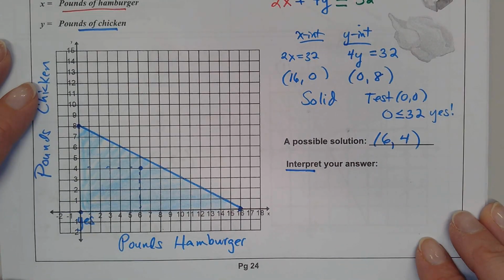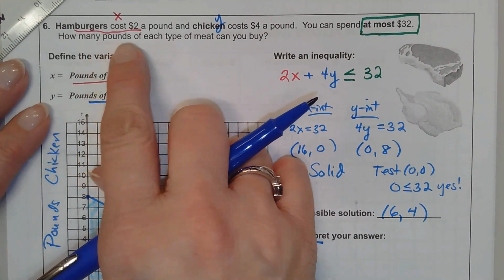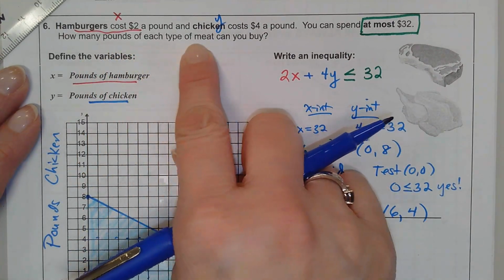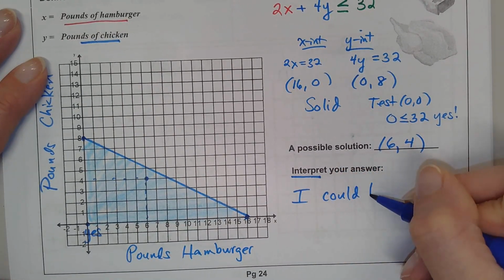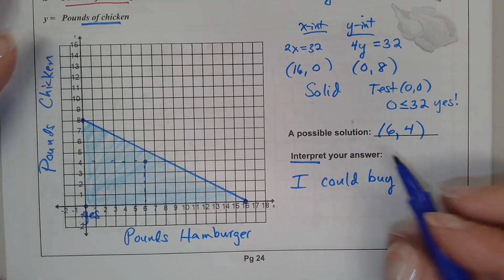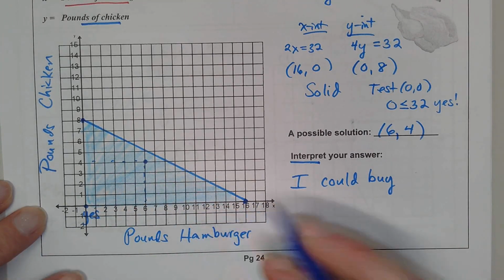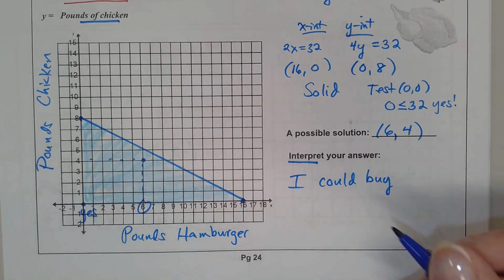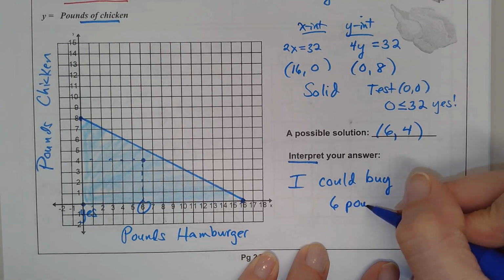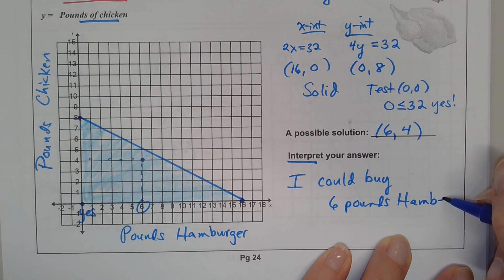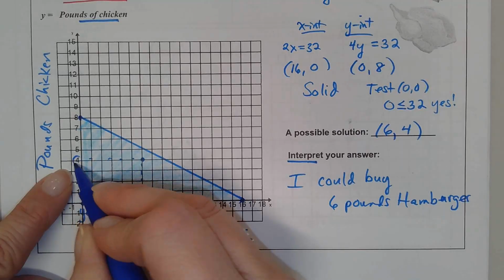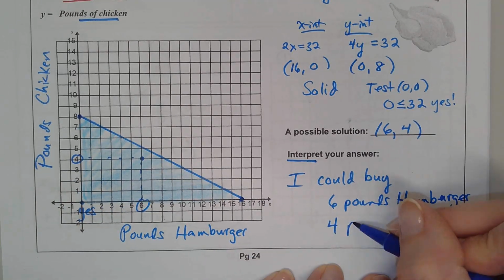So the question says, how many pounds of each can you buy? I could buy lots of combinations, but one answer would be 6 pounds of hamburger and 4 pounds of chicken.